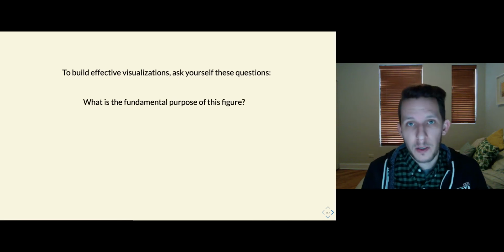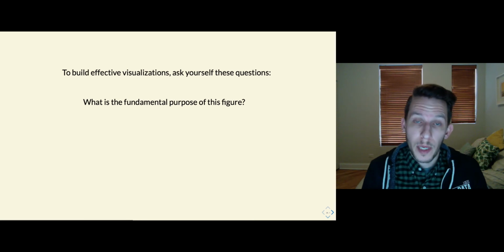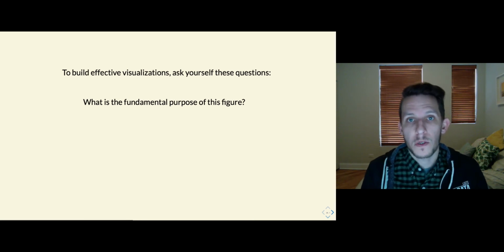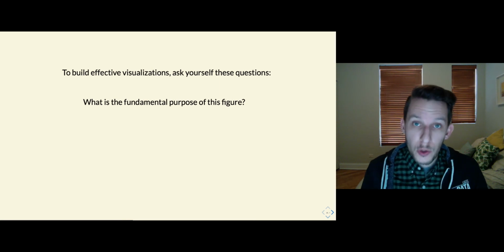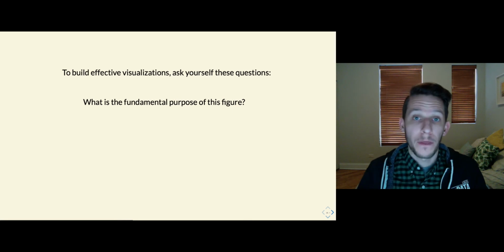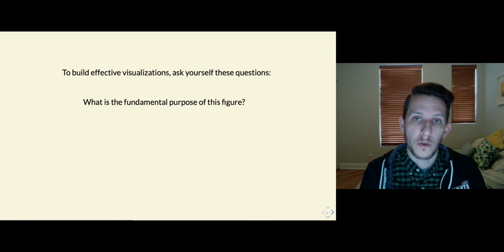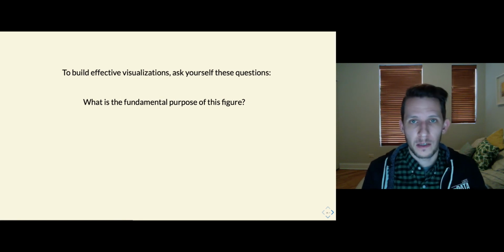What is the fundamental purpose of this figure? So if you're building a figure that's going to go into a paper, there should be some sort of big idea. And I want you to work on thinking about and capturing that big idea. There can be little ideas that are also teased out of any individual visualization, but we want to make sure the big ideas are front and center.